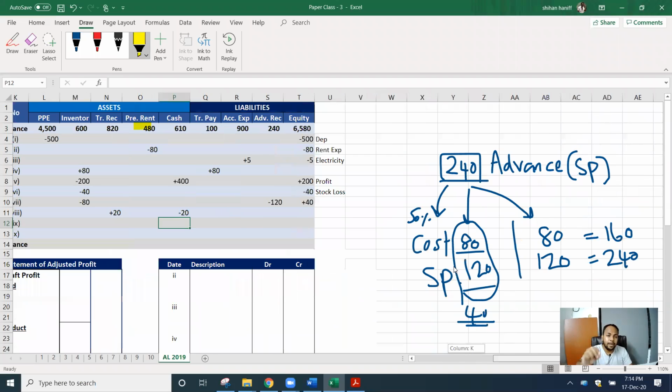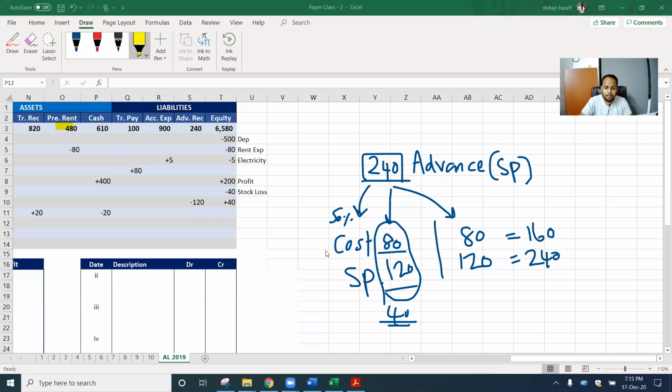A customer comes and pays us the advance. Right, so we have not delivered the goods. Once you deliver the goods only, you have to recognize that as an income.